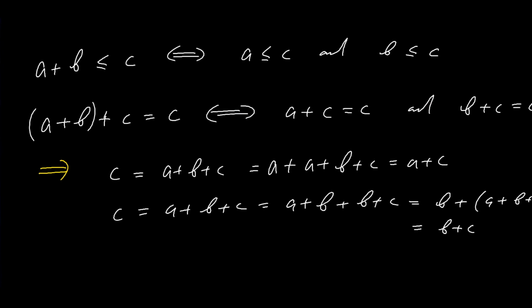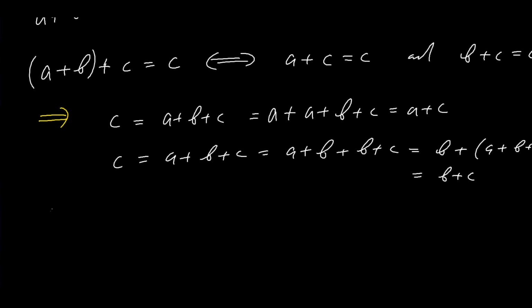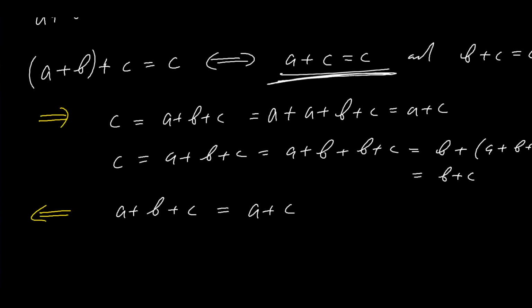And what about the other way around? If that is true and that is true, then surely A plus B plus C will equal, because of this, C plus C. Wait, sorry, it will equal A plus C. And then because of this, that thing will equal C. So we're done.